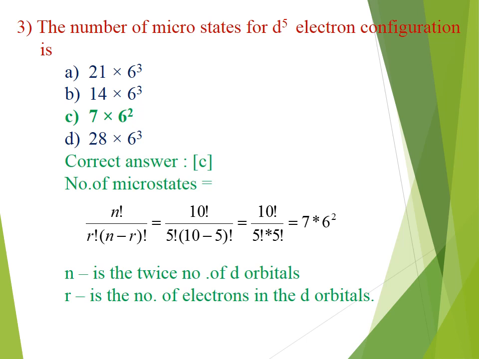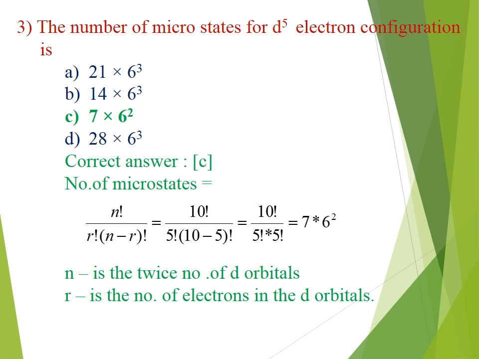3. The number of microstates for the d5 electron configuration is. For this question, the correct answer is C, 7 into 6 power 3, and the explanation is given below.